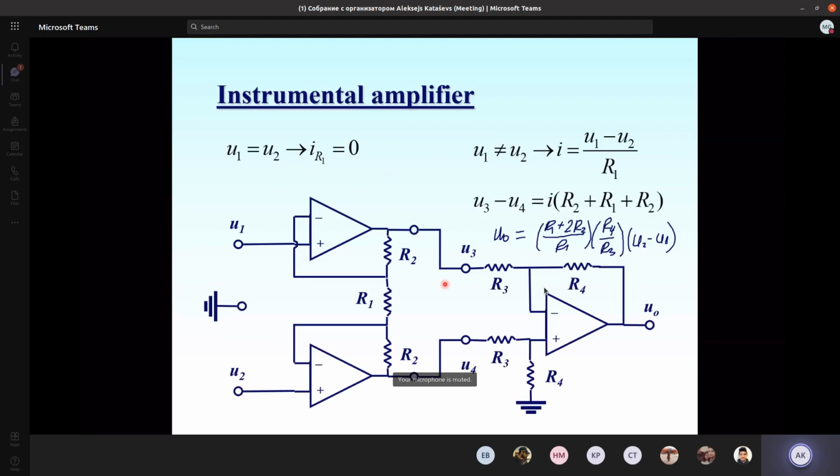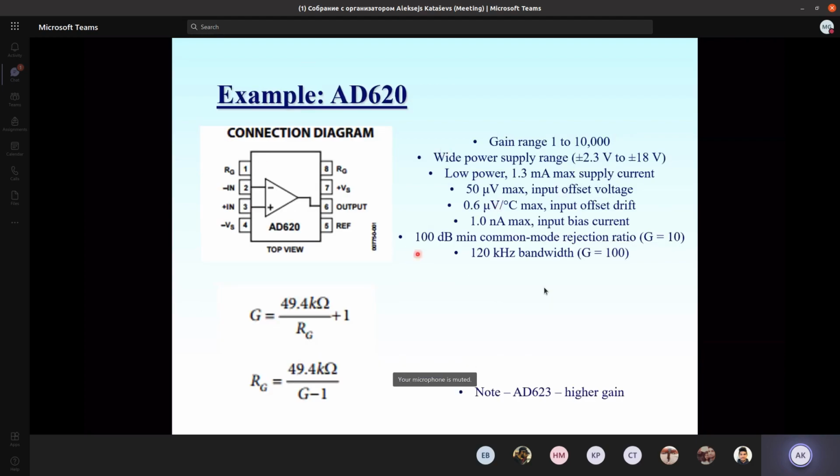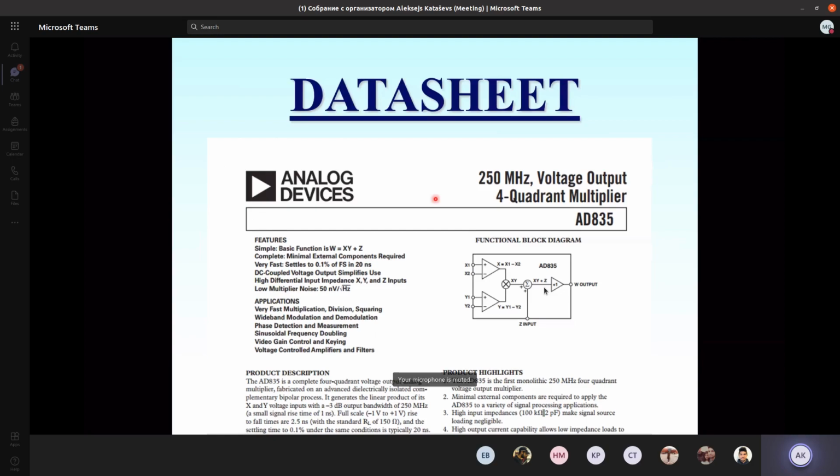Speaking about the data of this amplifier, I just remember that every engineer has to remember the mysterious word datasheet. A datasheet is a document usually published and accessible free of charge over the internet by the manufacturer, and the manufacturer uses the datasheet to describe all the features of the product.